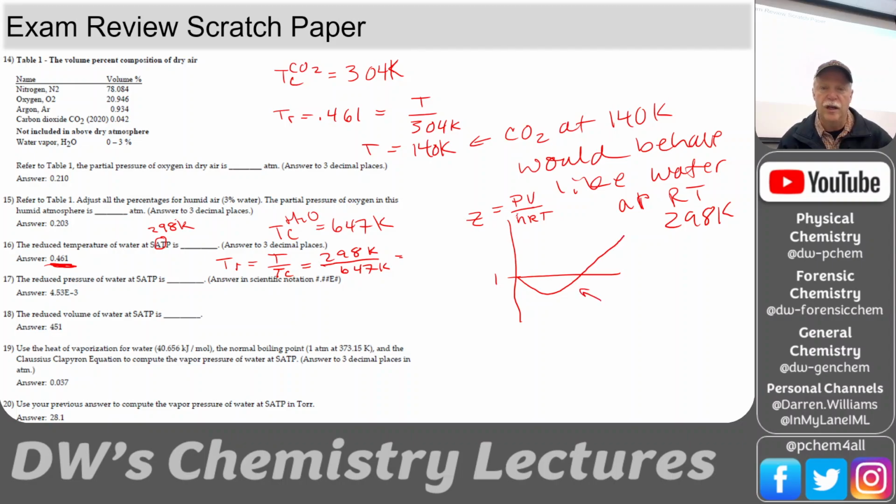So here you could think of fixing the volume, the temperature, and the moles of gas, and measuring the pressure. Here the pressure is lower than you expect, and here the pressure is higher than you expect. So this would be attractions dominating, and this would be repulsions dominating. And this axis we could say is temperature.